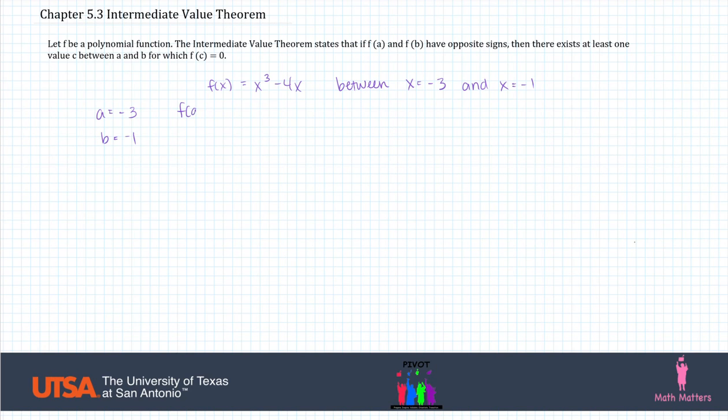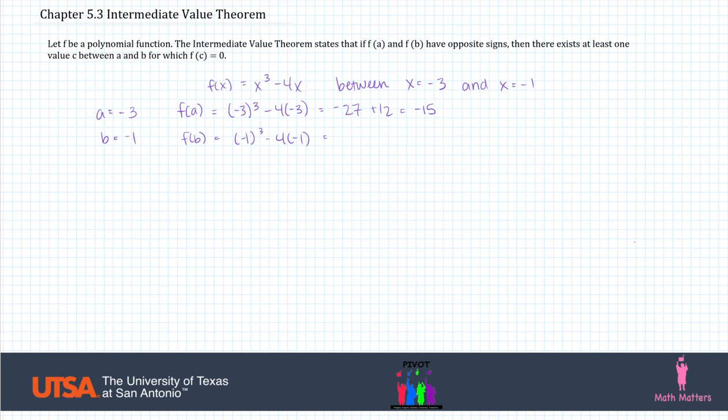Then we can find f of a, and this gives us negative 27 plus 12, so negative 15. And then f of b is negative 1 cubed minus 4 times negative 1.